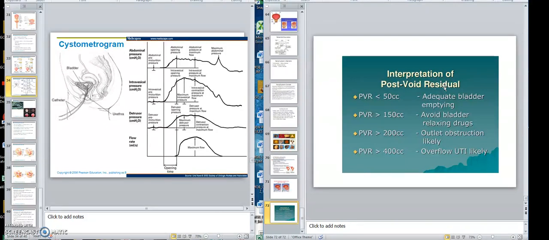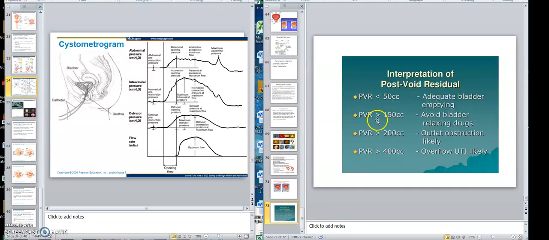Then we would take a catheter, stick it into the bladder through the urethra, and evaluate how much urine is still left in the bladder after you urinated. What you should see on a post-void is less than 50 cc's.